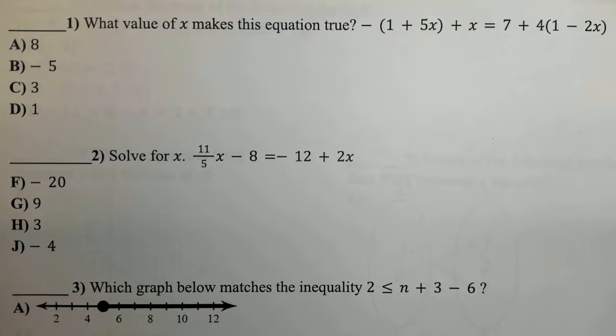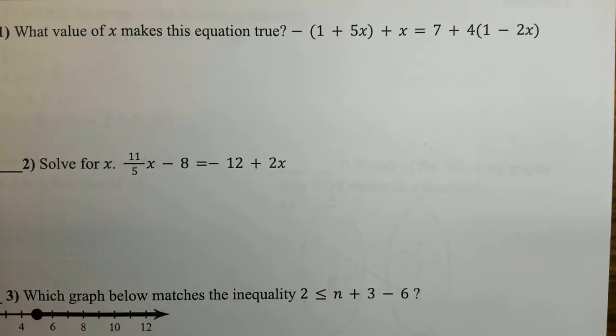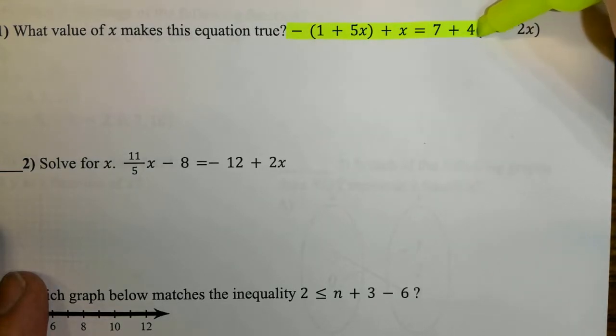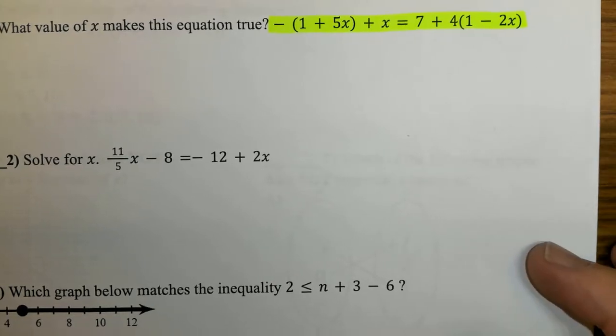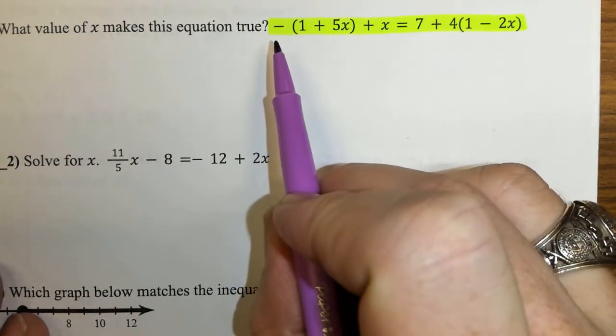What value of x makes this equation true? And then it gives me what seems to be a really long equation. Okay, so I'm going to highlight exactly what I'm solving here. The reason I highlight is just so you can see there's a negative in the front.